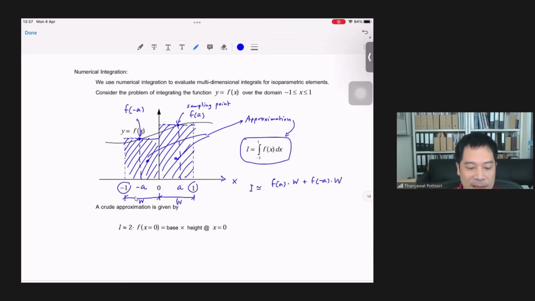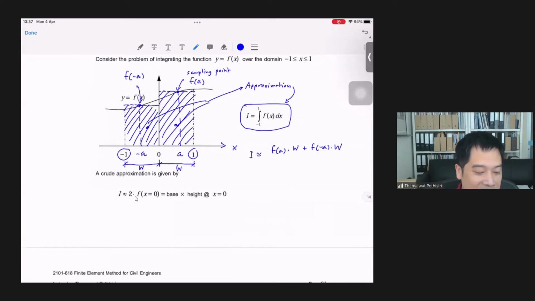Okay. Now, if I have only one point, okay, so the same idea still applies.